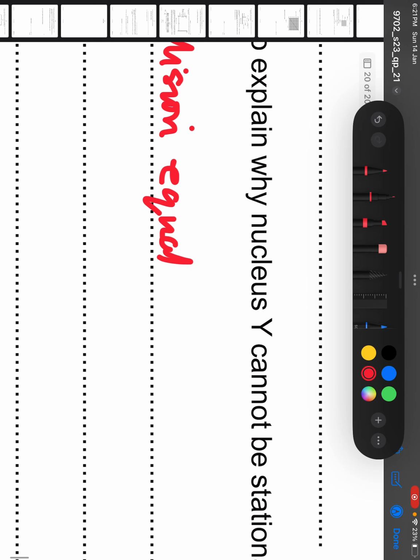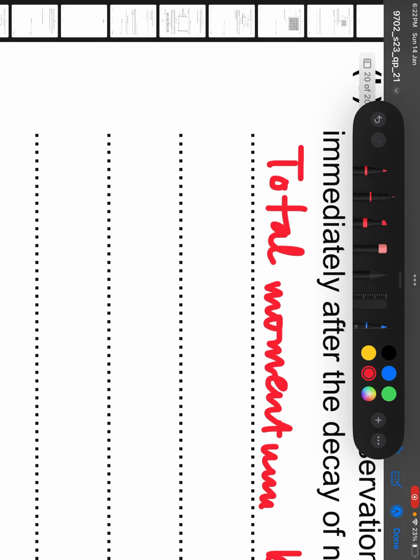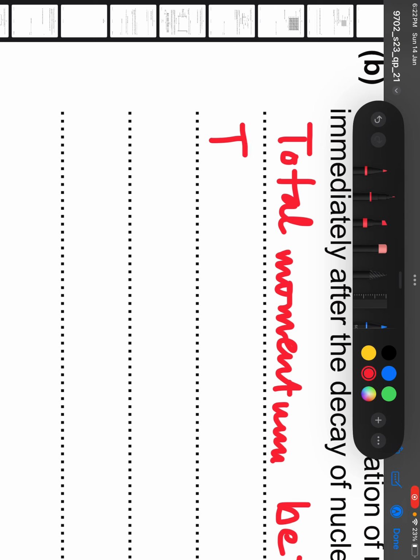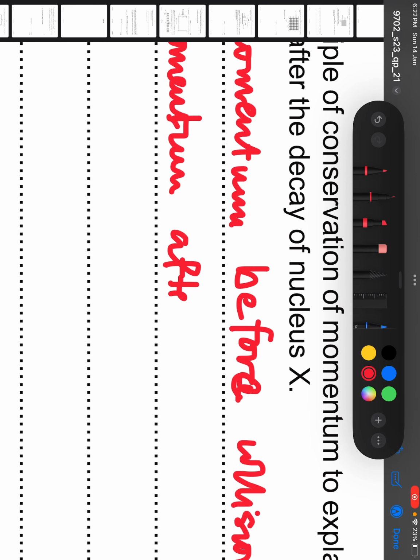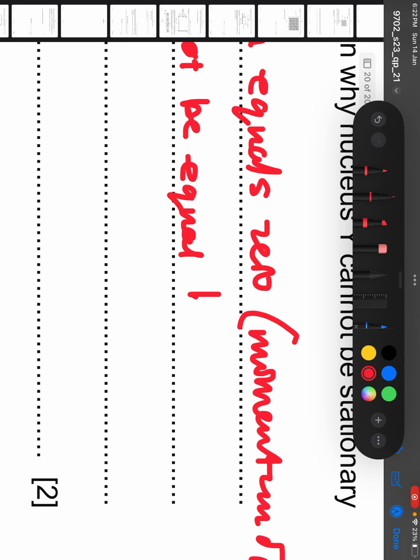Of course, this is the momentum of X. Then total momentum after collision must be equal to 0.